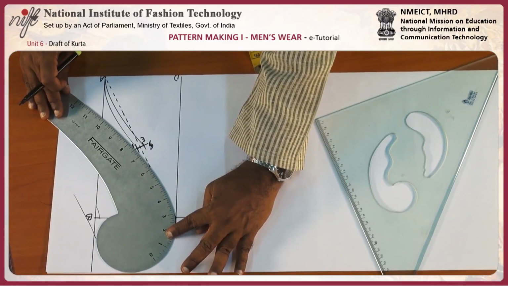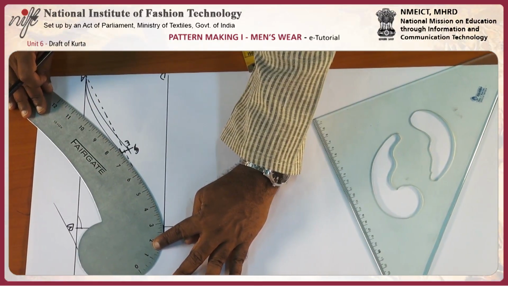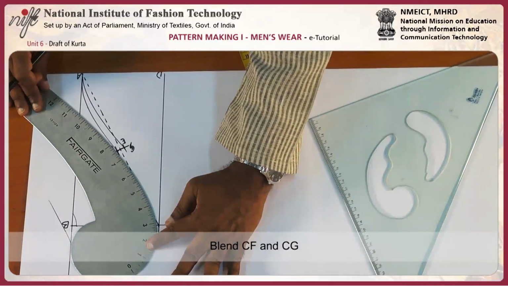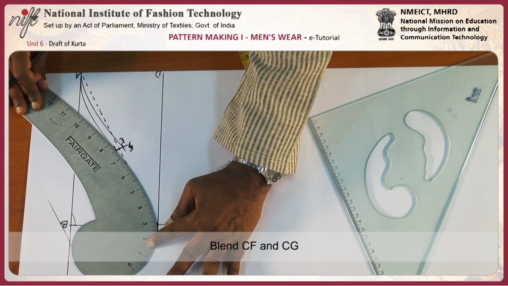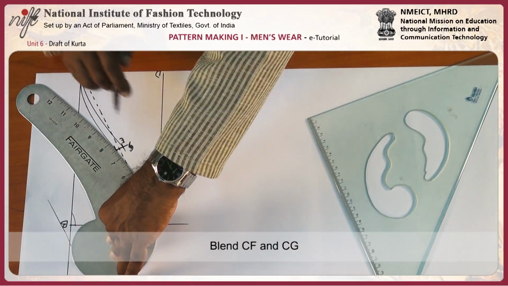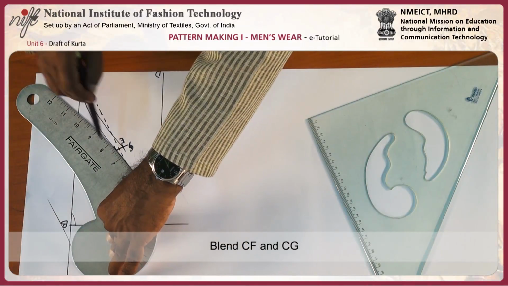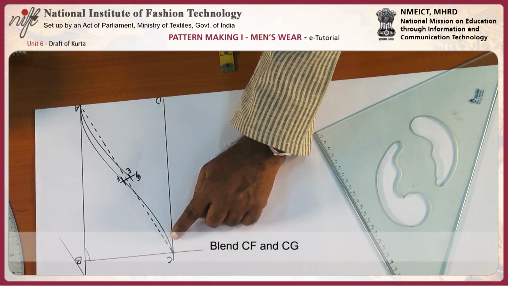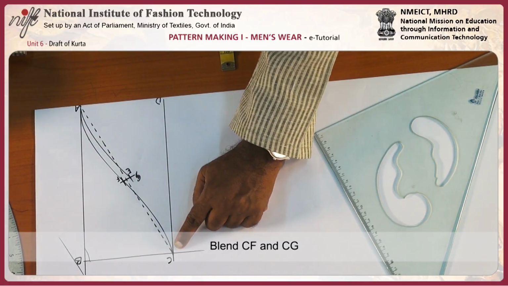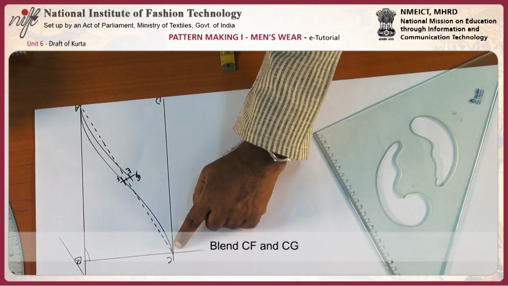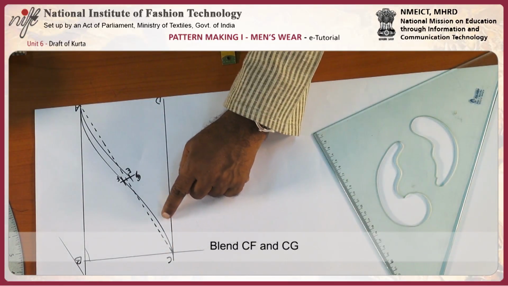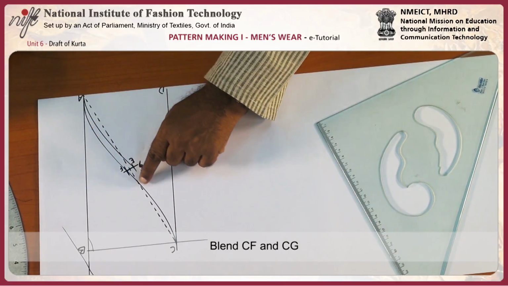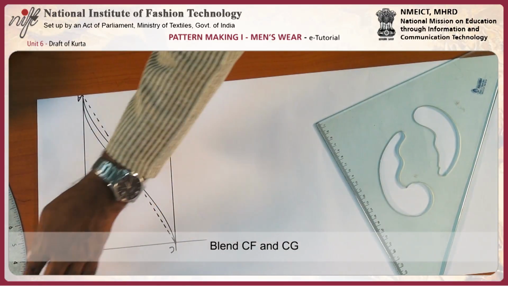Then getting into the curve that is connecting point C to F, will be like this. Remember, as I told while drafting the sleeve pattern for the shirt, the blending of armhole, though it is twice done, the continuation should be one curve line.